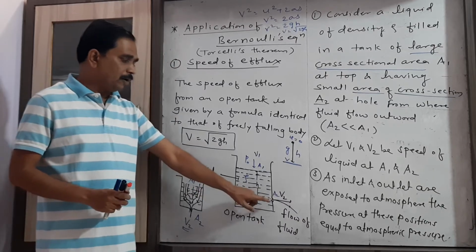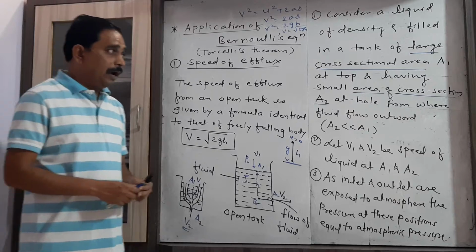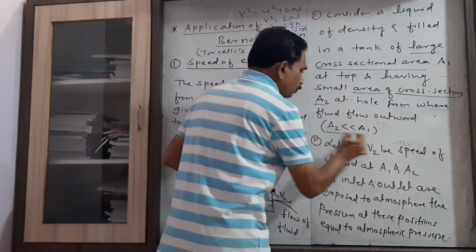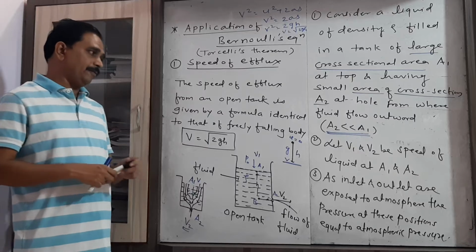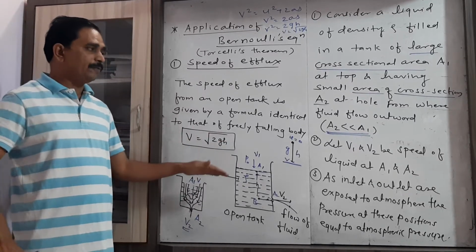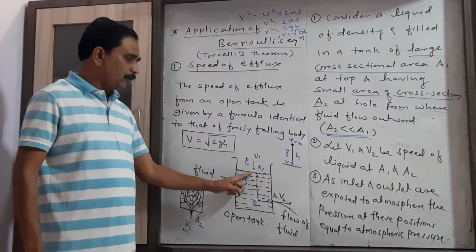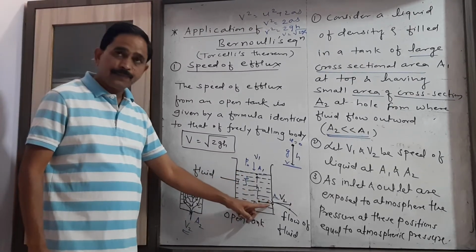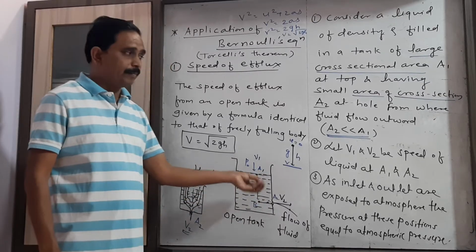So the area of that small hole is considered as A2, and this A2 is very small as compared to A1. Now let us consider the velocity of the fluid at the two places, that is at the top position and at the hole from which that liquid is coming out.